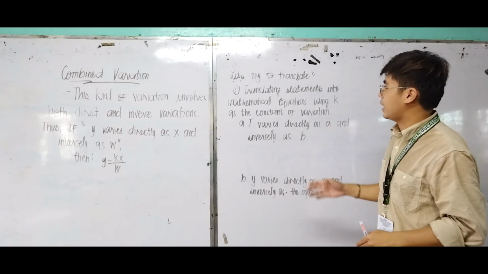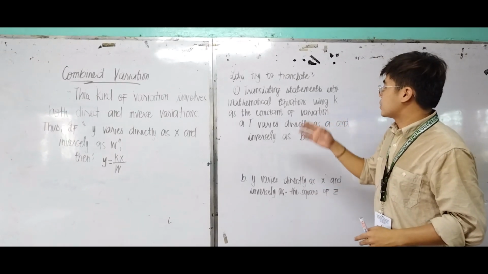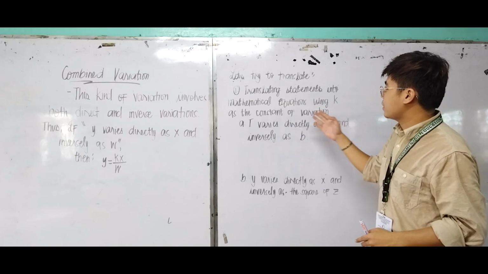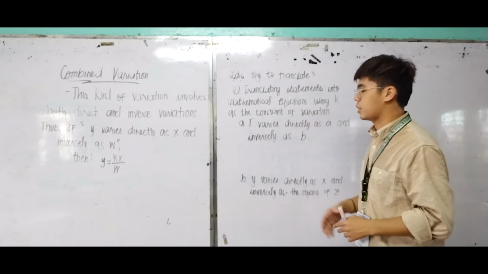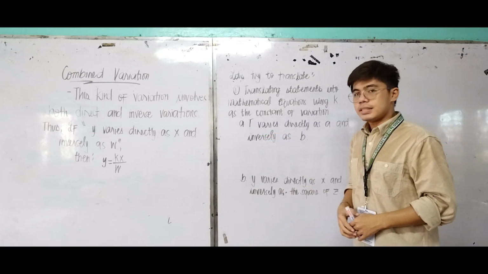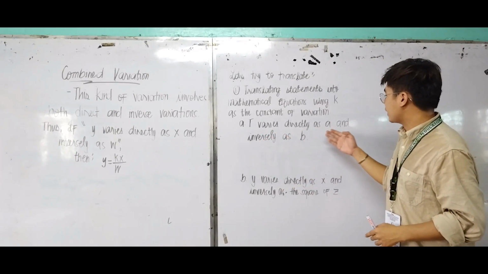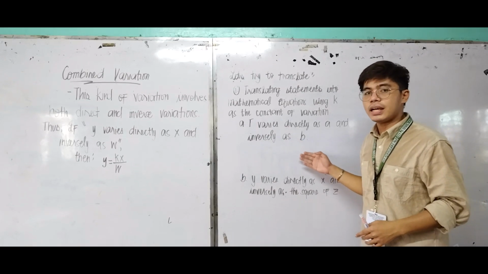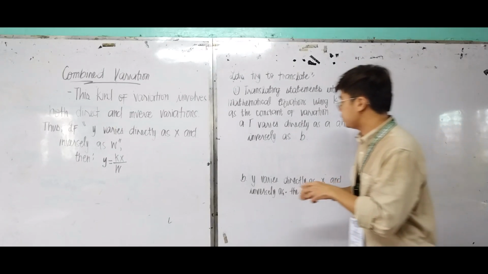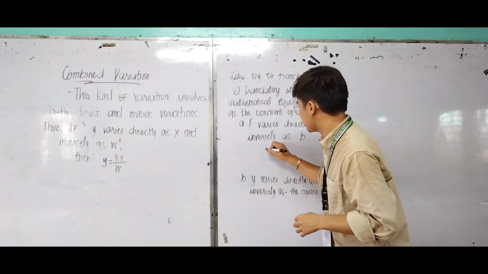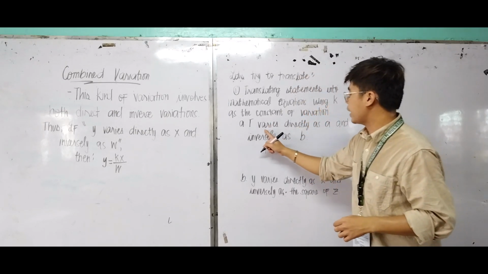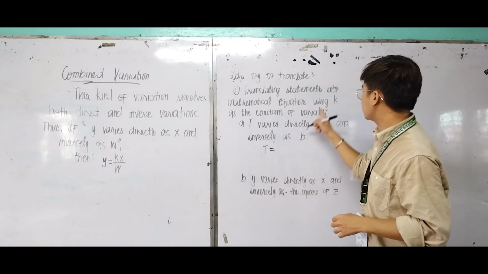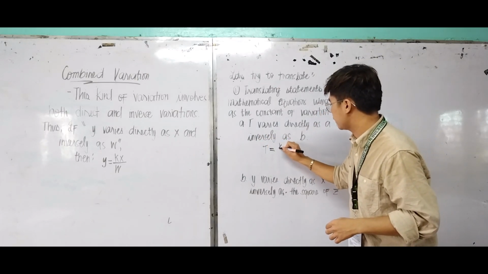Let's try to translate. Number 1, translate statements into a mathematical equation using k as the constant of variation. A. P varies directly as A and inversely as B. Now given, we have P equals, varies, that means you will write the constant k first.